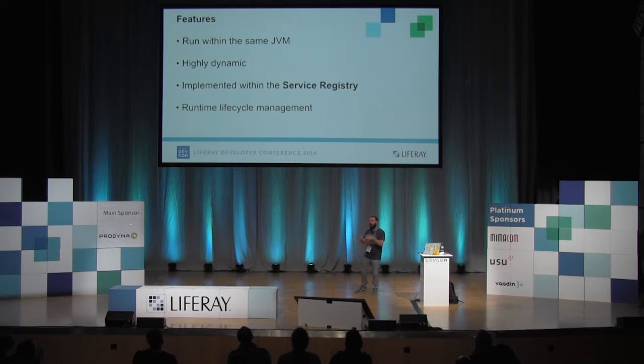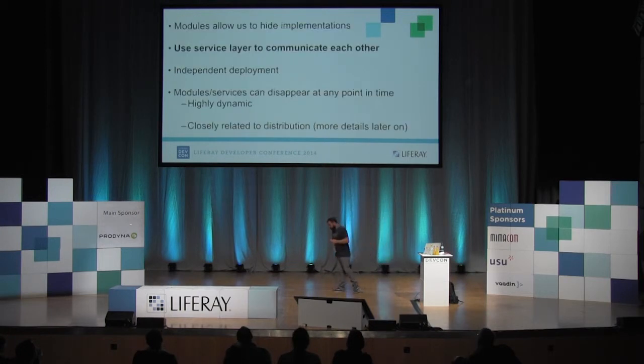And you get your own lifecycle management, so you don't depend on an application server or whatever. So we are able to split all our application into different pieces, and they communicate with each other using services. And actually, we can deploy them independently.